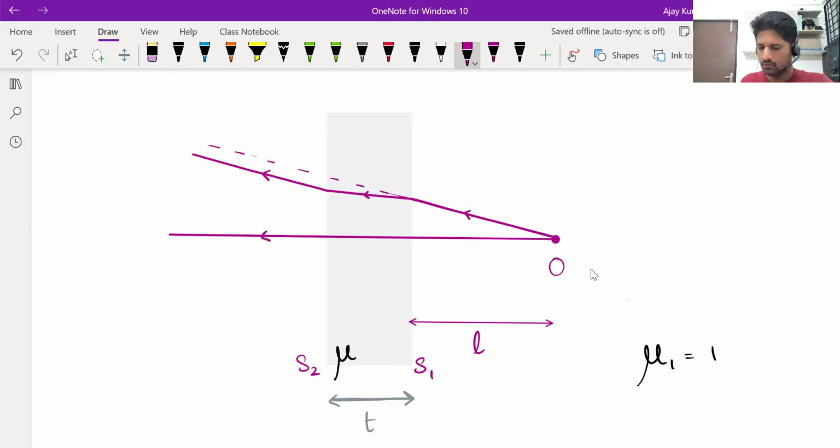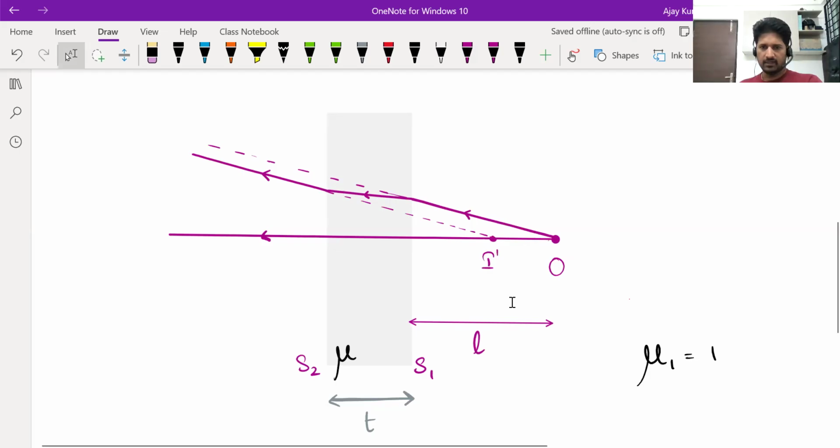So we have considered two rays that emerge out of the glass slab on the left side. And when they enter into the observer's eye, they appear to be coming from a common point somewhere here. This distance is what we are trying to find out. This is the final image, and that distance is what we are looking for.